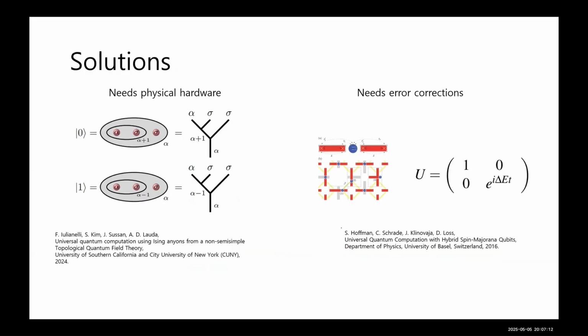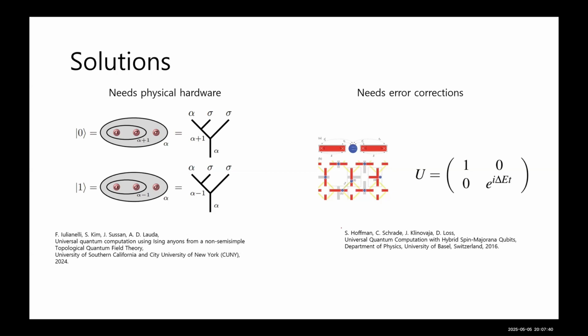So actually, there are two solutions to make up for this problem. The first one is using an additional particle that is called alpha particle. If we use that, we can make a universal quantum set. The second one is, even if we are going to lose some potential from the topological quantum computer, trying to use something that comes from the environment.